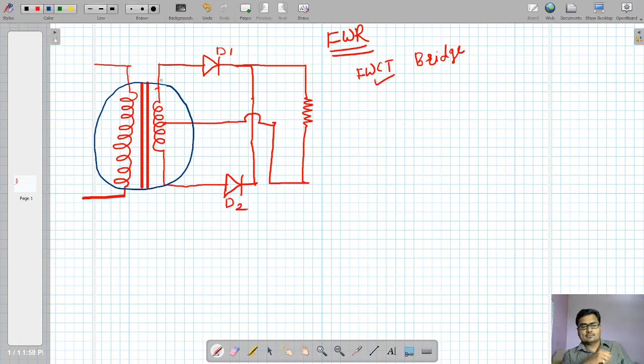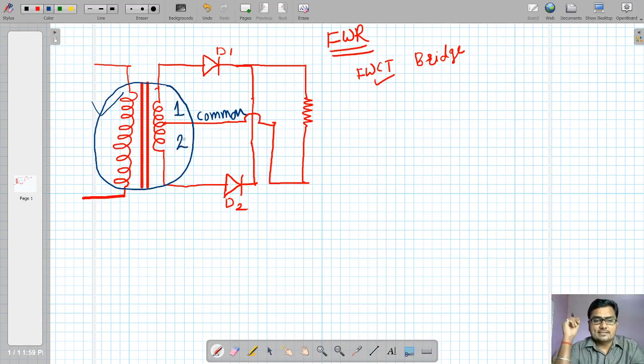Now let us discuss something about this center tap transformer. Look at this, it is a center tap kind of configuration. We have one full primary, but at the secondary we have one common terminal. Because of that common terminal, the secondary is divided into two parts, part 1 and part 2.